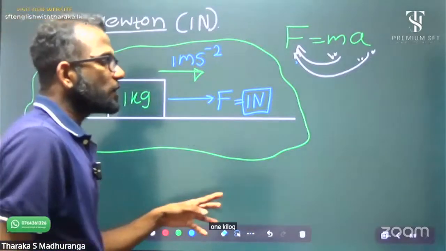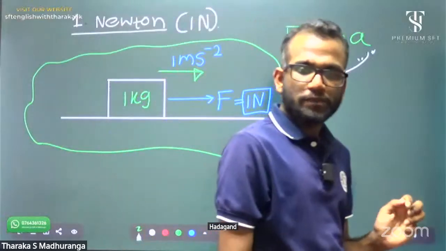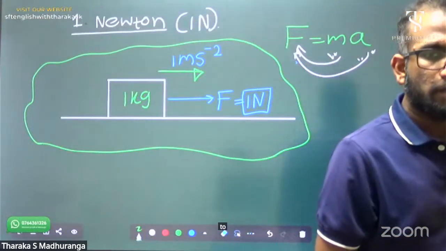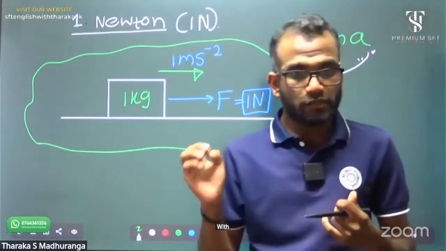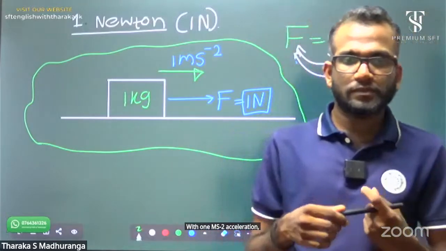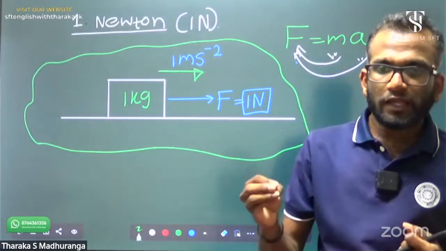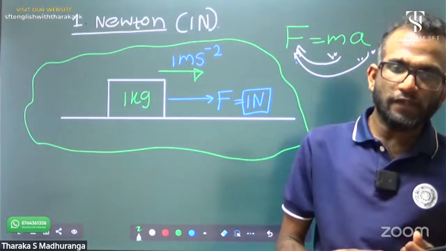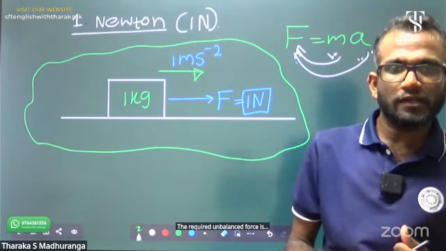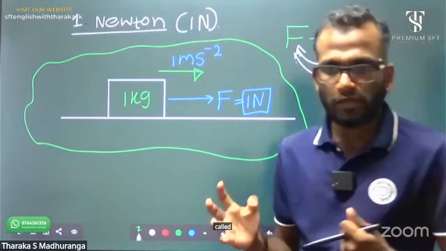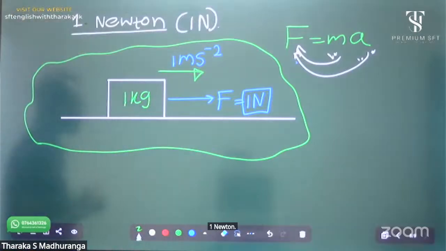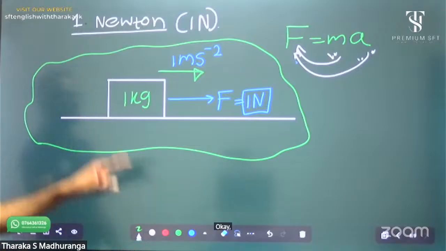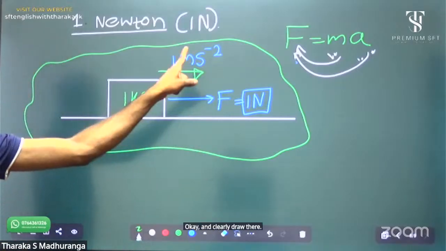One kilogram object to accelerate with 1 m/s² acceleration. The required unbalanced force is called the 1 Newton. Clearly draw the diagram.